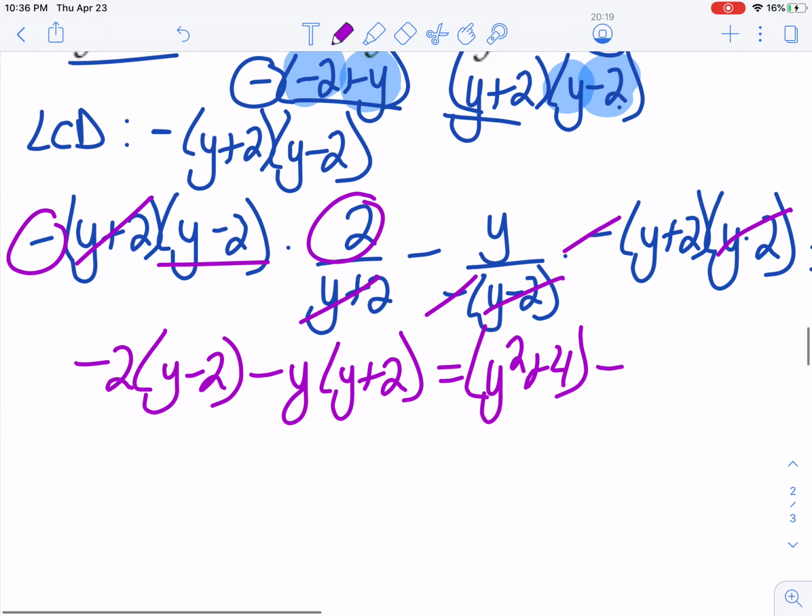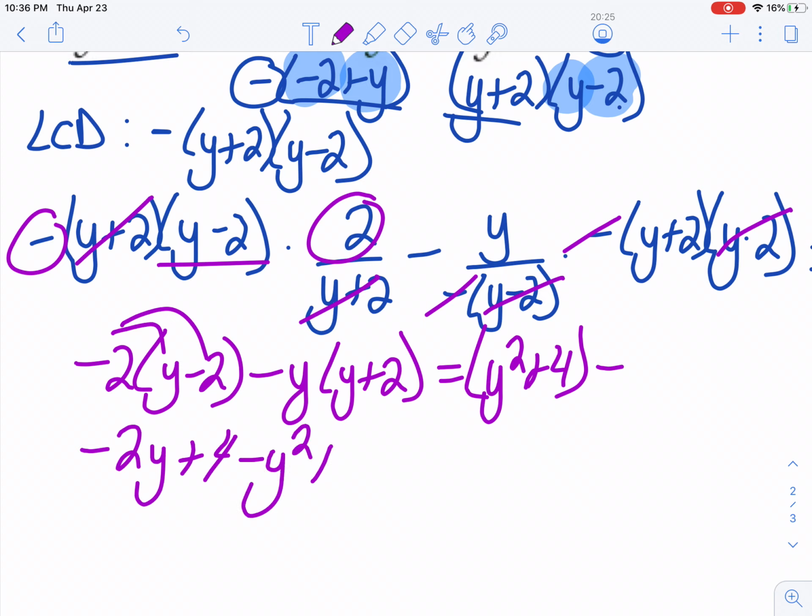So I can go ahead and distribute here. Negative 2y plus 4 minus y squared minus 2y equals negative y squared minus 4 when I distribute this negative to both terms.